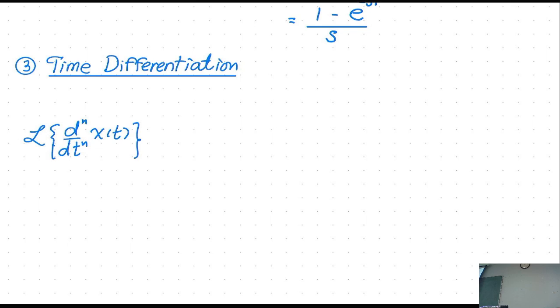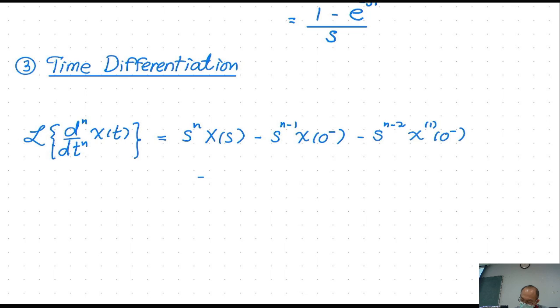After we've taken the Laplace transform, it's just equal to s to the n times the Laplace transform of x itself, minus s to the n minus 1 times x at time 0 negative, minus s to the n minus 2 times x prime at 0 negative, minus all the way to s times x to the n minus 2 at 0 negative, and the last term is minus x to the n minus 1 at 0 negative.